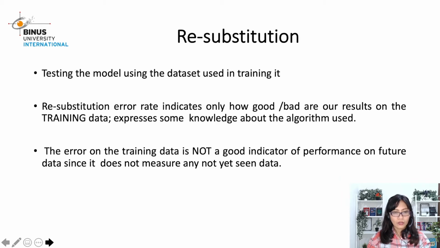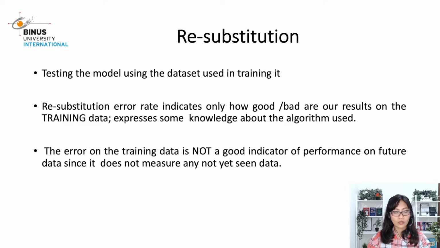First, it's called resubstitution: testing the model using the dataset used in training. The resubstitution error rate indicates only how good or bad our results are on the training data, and expresses some knowledge about the algorithm used.